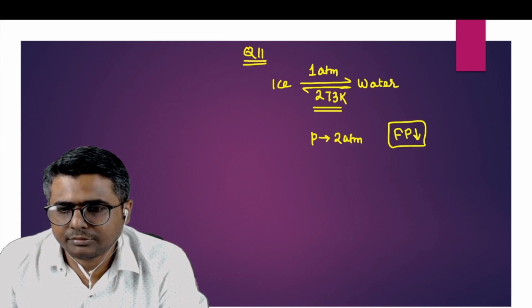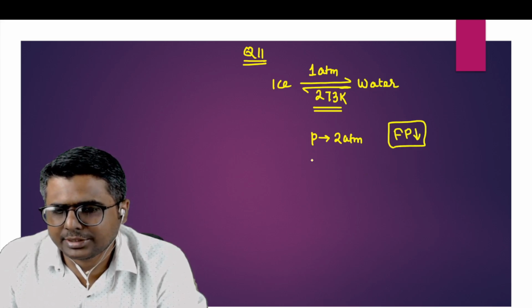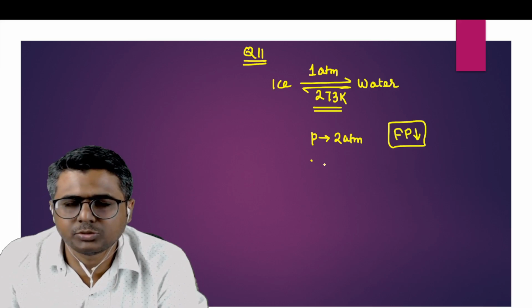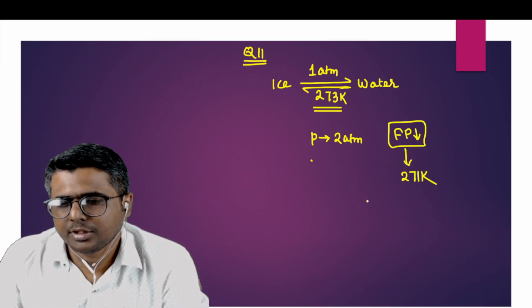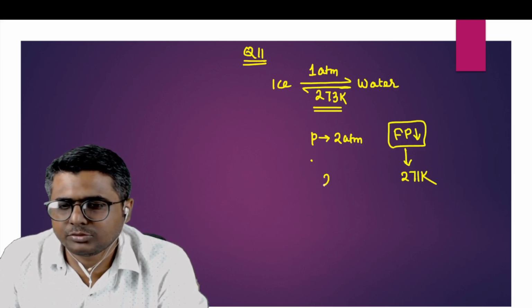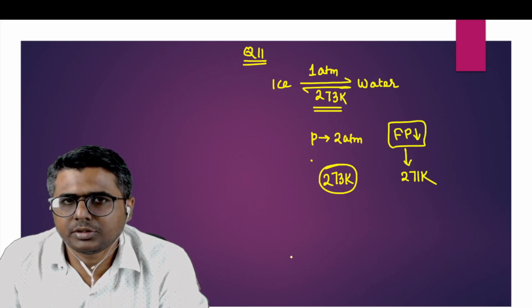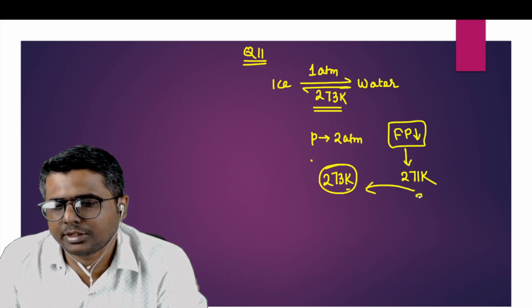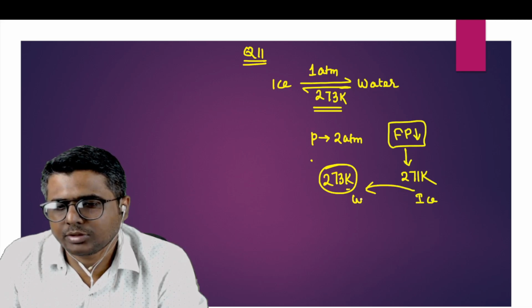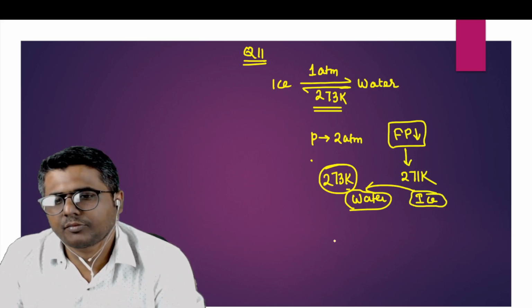But whenever freezing point is decreasing, that means the freezing point at this moment is, let's take it as, 271. But the temperature that you have is 273 Kelvin. So definitely at this temperature, the ice is going to get converted to water. So yes, with time, ice is going to completely change to water. That is the observation.